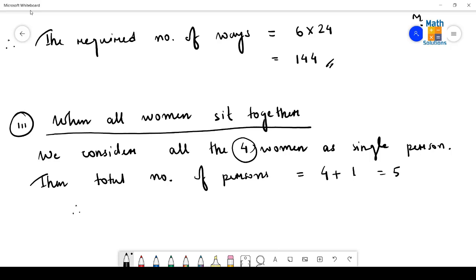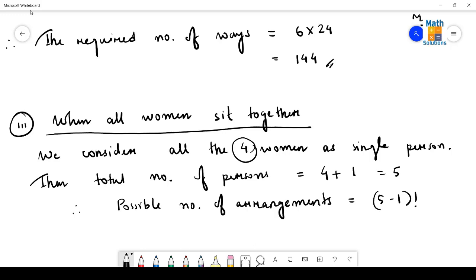Therefore the possible number of arrangements, when they are to be arranged at this round table, using the formula for circular permutation, will be 5 minus 1 factorial is equal to 4 factorial, then it will become 4 into 3 into 2 into 1 is equal to 24 here.